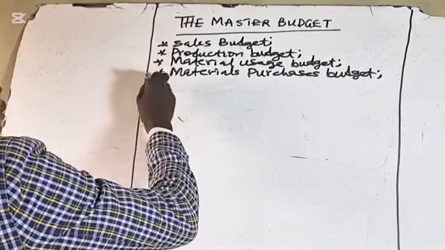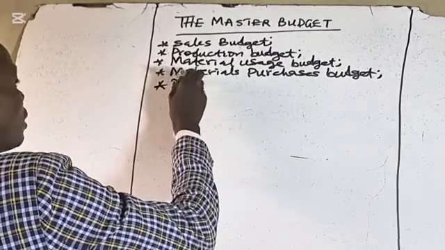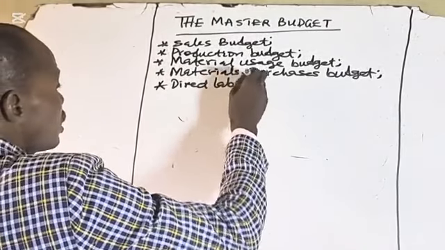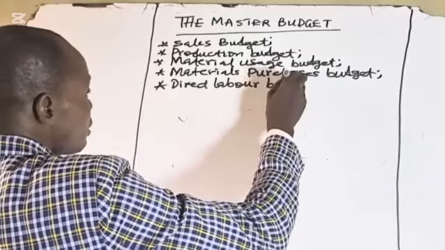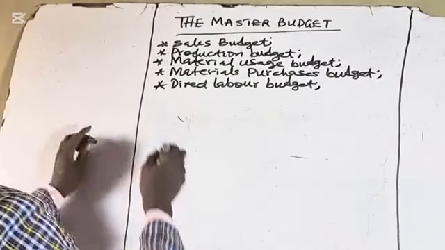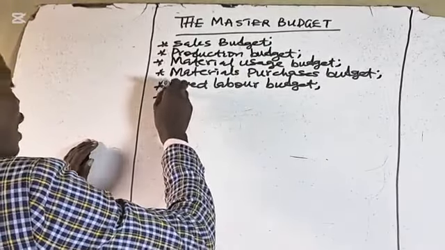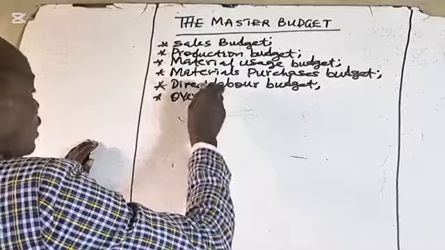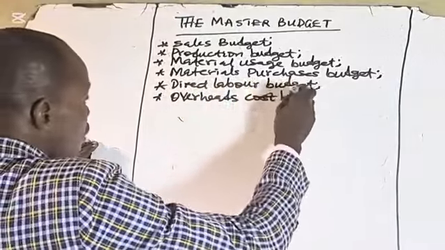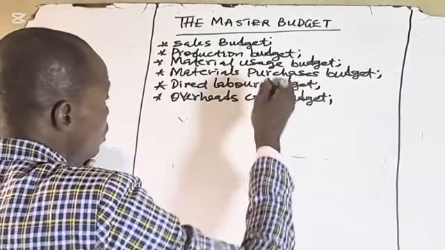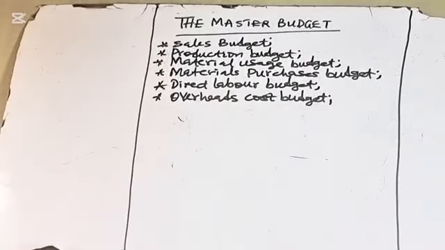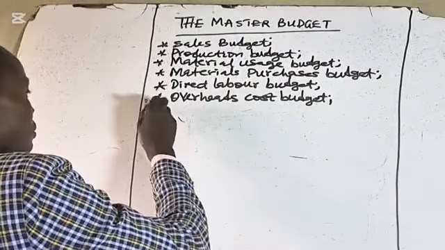then we have direct labor or direct wages budget, then overheads cost budget, which includes the variable overheads and the fixed overheads budget.